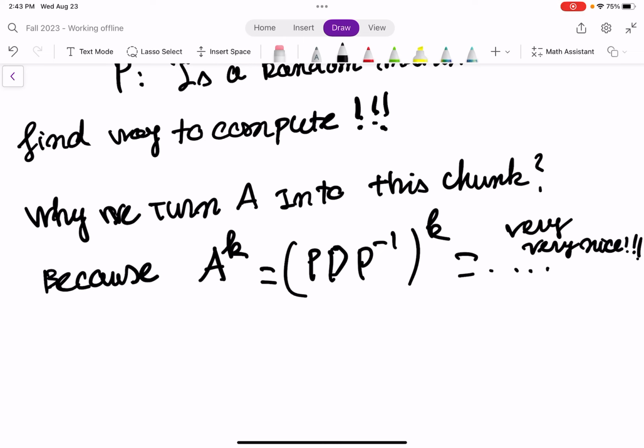The second main idea is that matrix A is going to be decomposed into a multiplication of a random matrix P, the diagonal matrix of the eigenvalues, and the inverse of that random matrix, and we'll find a way to compute P and D later.